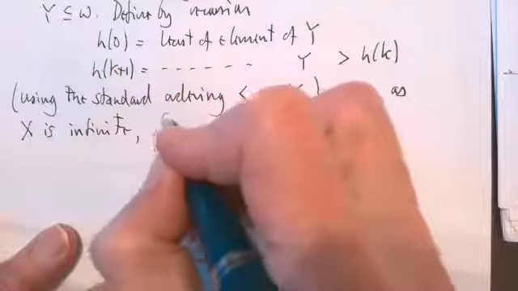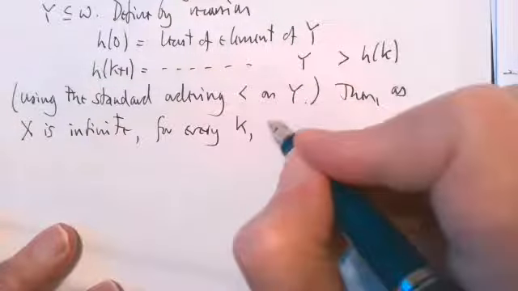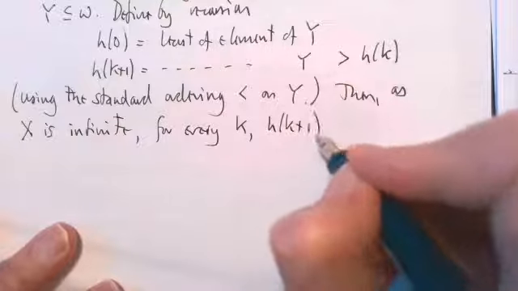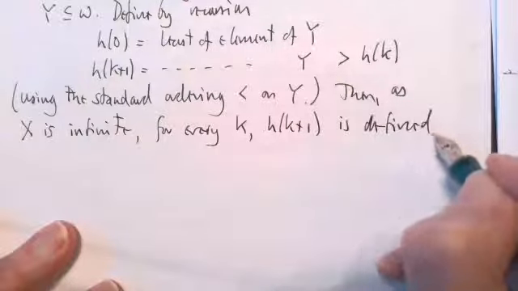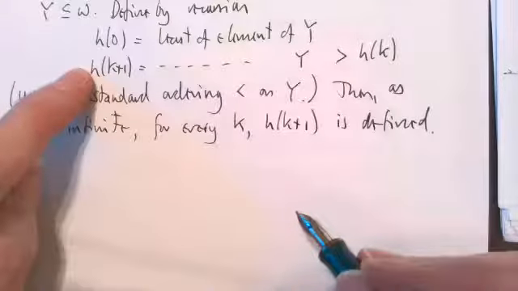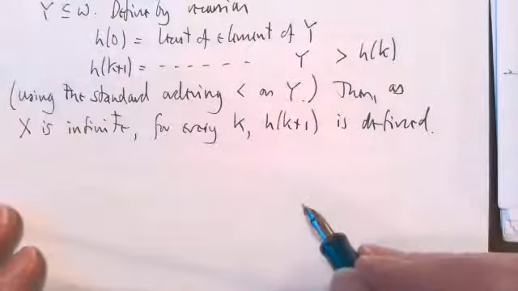As X is infinite, for every k, H of k plus 1 is defined. If it stopped being defined at some point, it's because we've run out of elements in Y. We'd only have k elements in Y or something. But that doesn't happen because X is infinite.